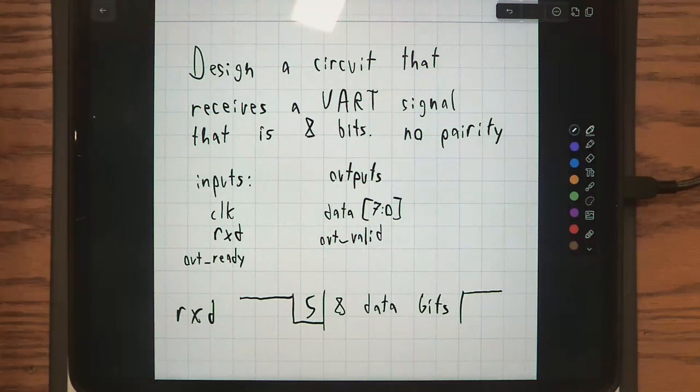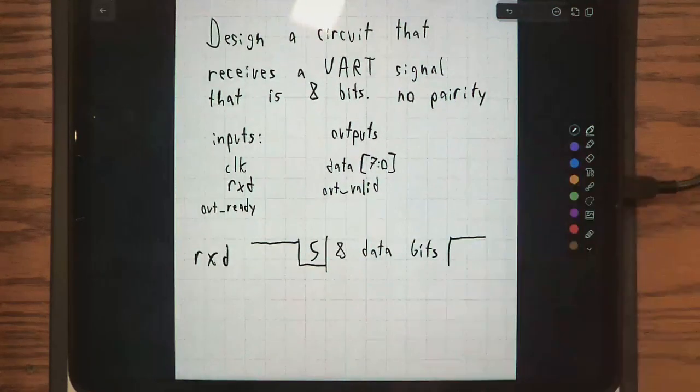We're probably going to have a flip-flop keeping track of what? States, yes. So actually, maybe before we even start drawing a circuit, we should start thinking about this not necessarily as a circuit, but as a what? State machine, okay. And when you decide to make a state machine, what is the first state you should always start with? Idle.